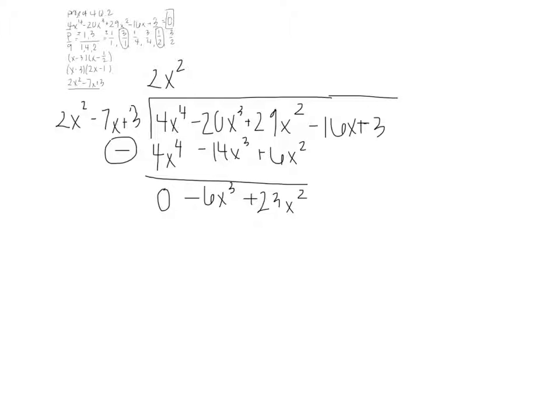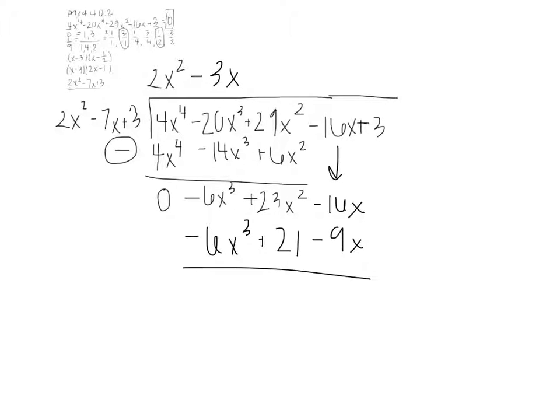And then from here we figure out what we have to multiply 2x squared by to get negative 6x to the 3rd, and for that we need to multiply by negative 3x. And then we're going to get negative 6x to the 3rd plus 21x squared. We're going to drop down this value. We're going to get negative 9x. And then from here, those cancel. We get 2x squared minus 7x.